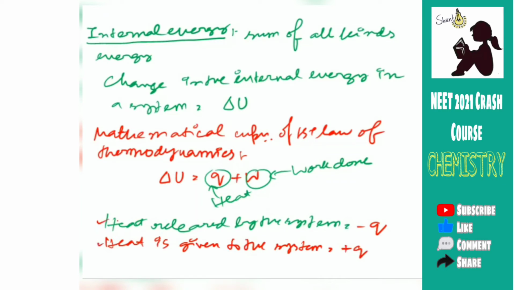Don't remember both because you will get confused. Whatever you remember, the opposite will apply when heat is given to the system. So just remember the first one, it will be easier: heat released by the system will be minus Q.